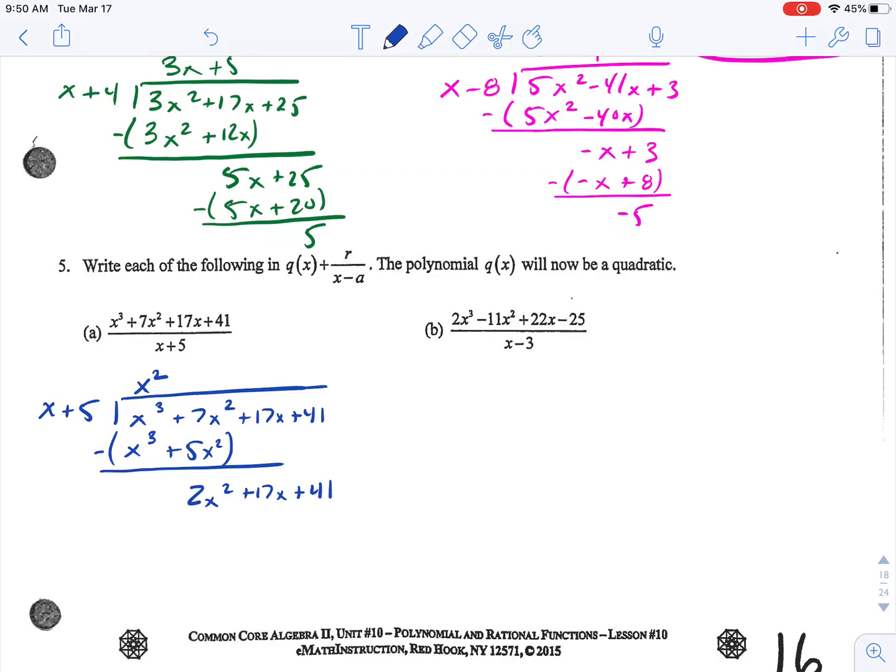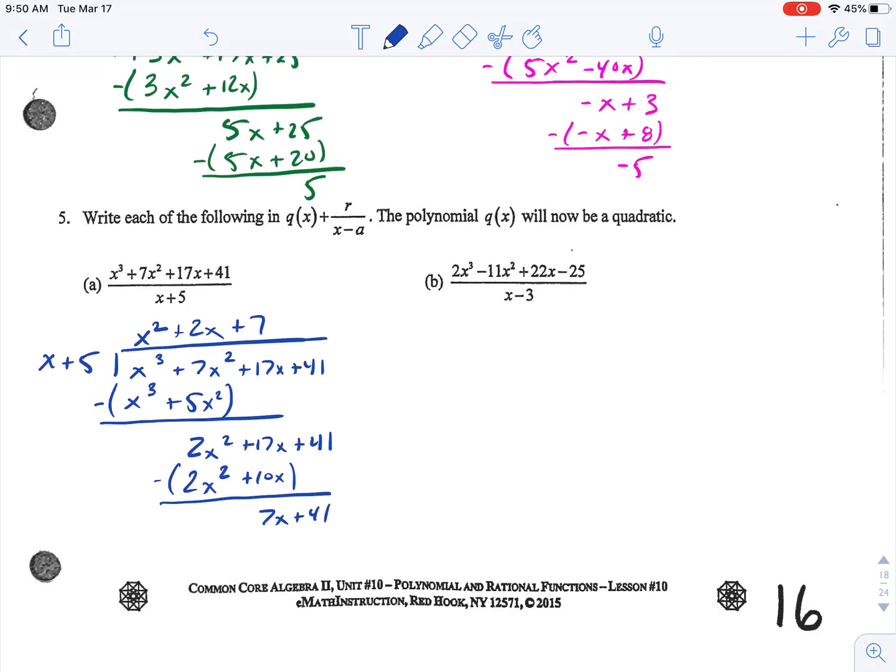Okay, x times 2x would be 2x squared. Distributing the 2x, we get 2x squared plus 10x to subtract. 17x minus 10x is 7x. Bring down the 41. X times 7 is 7x. 7 times x plus 5 is 7x plus 35. And looks like our remainder is 6. So here we're going to get x squared plus 2x plus 7 plus 6 over the x plus 5.